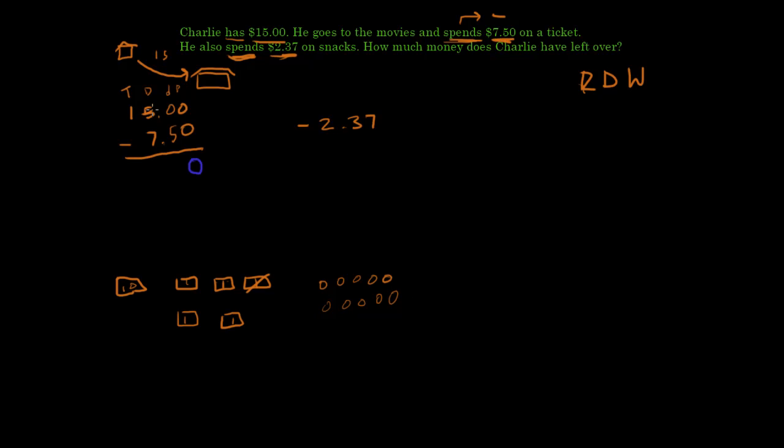We're borrowing, or to show it up here, we're borrowing from this 5, changing that into 4. That's how many dollars I have left here, 1, 2, 3, 4, and turning this into 10 dimes. Now I can subtract. 10 minus 5 is 5. Bring down my period here.